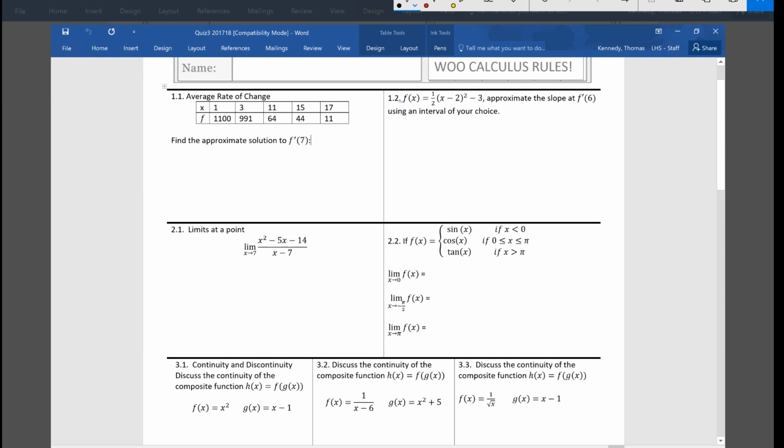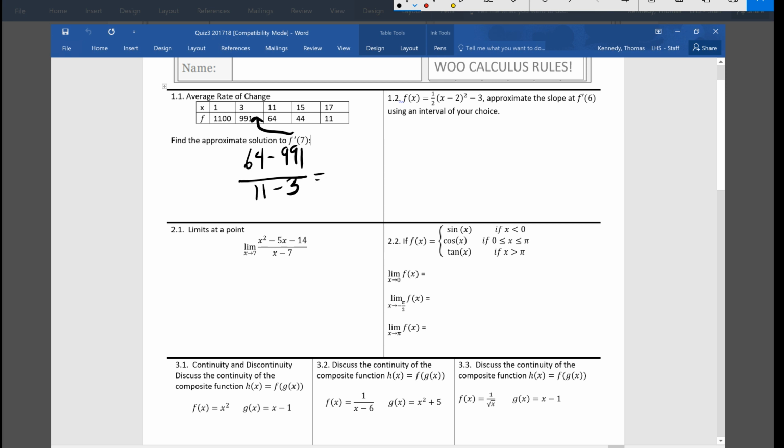So a ton of people did run over rise for this first one, but most people got this right. A ton of other people also didn't go into the right range here, going between 3 and 11, and a fair number of people went between 1 and 3, which was kind of a bummer. But for average rate of change, you just do 64 minus 991 over 11 minus 3.